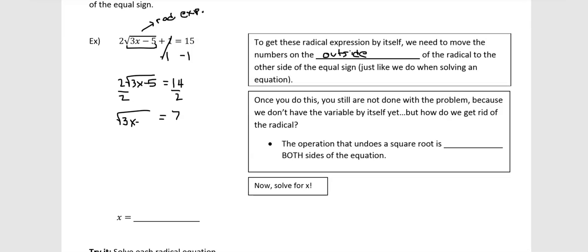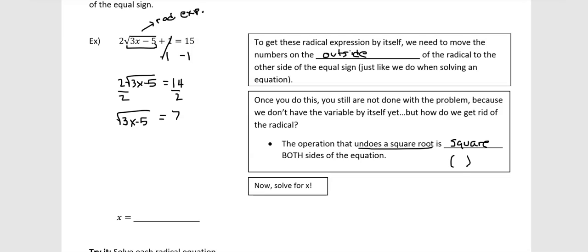So far, I've done step 1, which is get the radical expression by itself. I want just the radical and whatever is stuck in it to be totally by itself on one side. Once you do this, though, this is not the answer, because the whole goal is to get x by itself. The thing that undoes a square root is a square. So we're going to square both sides.